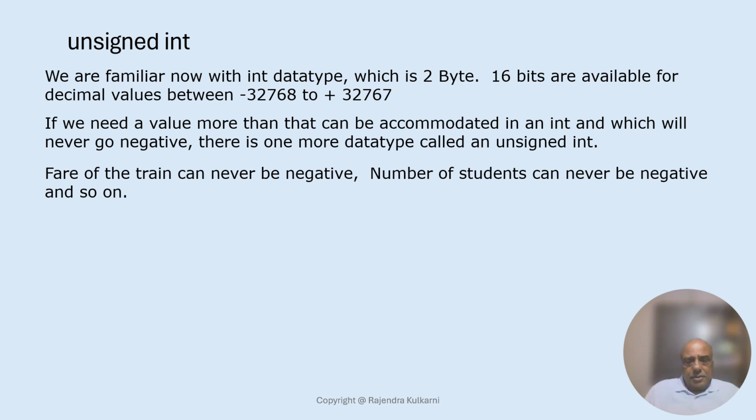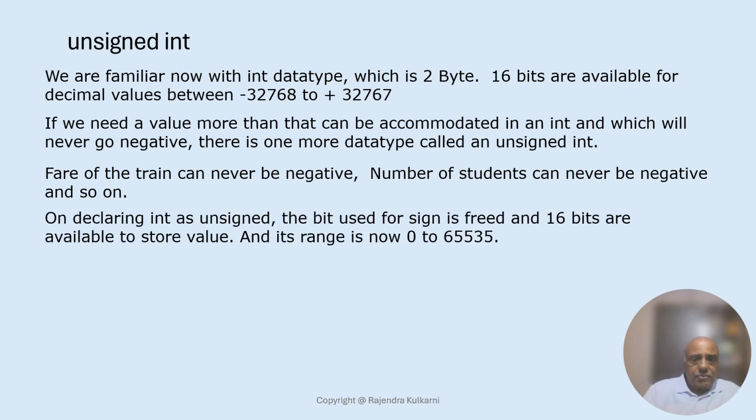The benefit is that, instead of minus 32768 to plus 32767, we get a larger value to store. On declaring int as unsigned, its range is now 0 to 65535. It is simply the addition of minus 32768 and plus 32767, ignoring their signs.